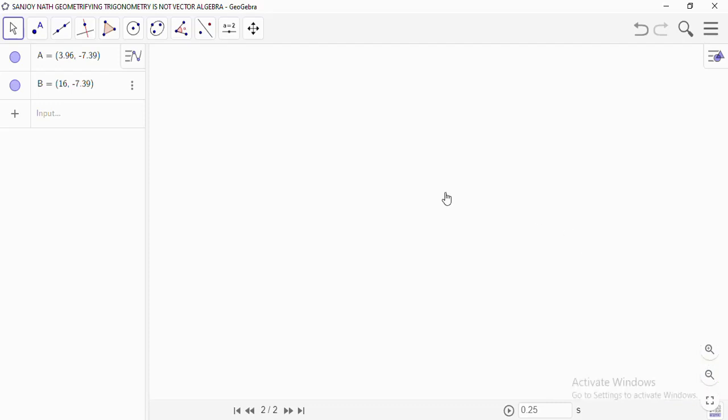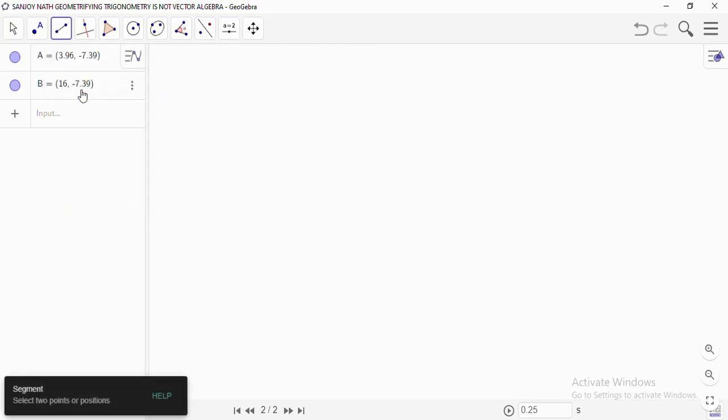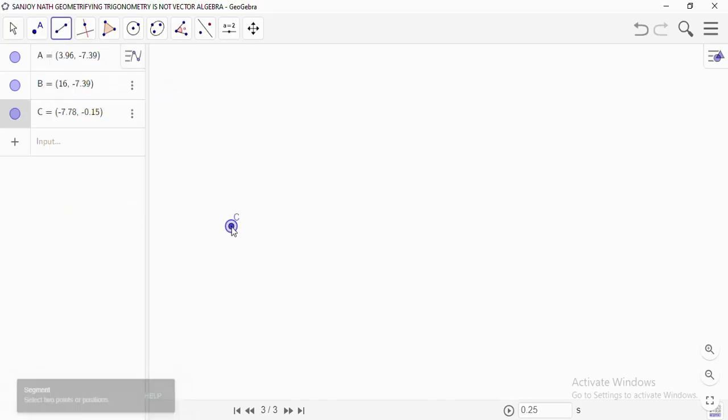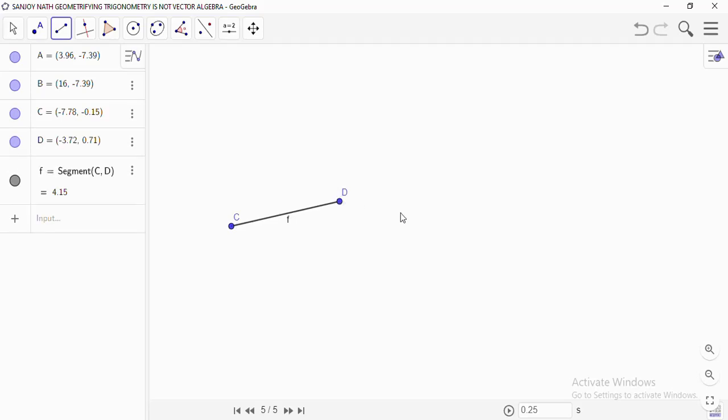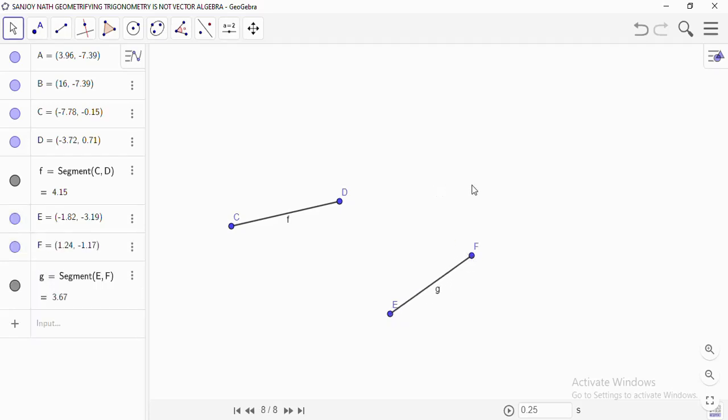picture here. Now suppose we want to show you the line segment. This is a line segment. One line segment is given, another line segment is here. What can we do here? Two types of plus are possible. One is the cumulative plus.